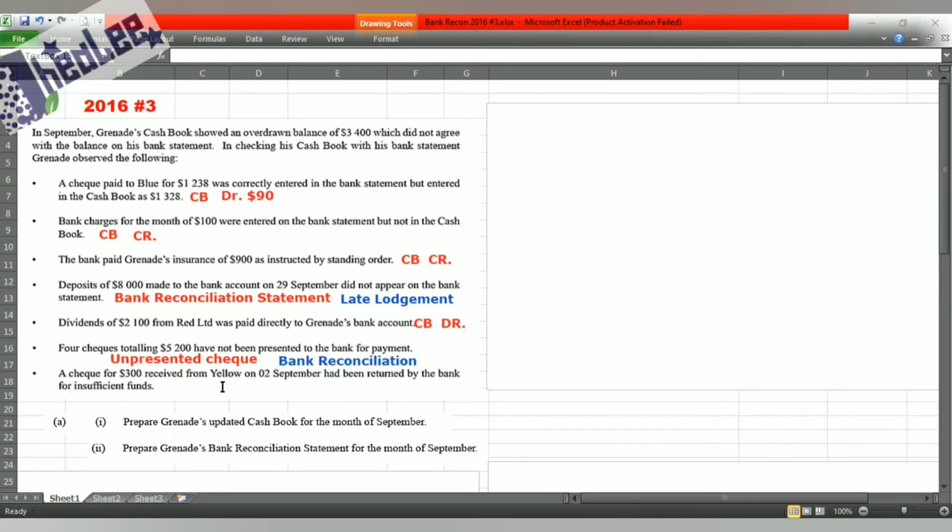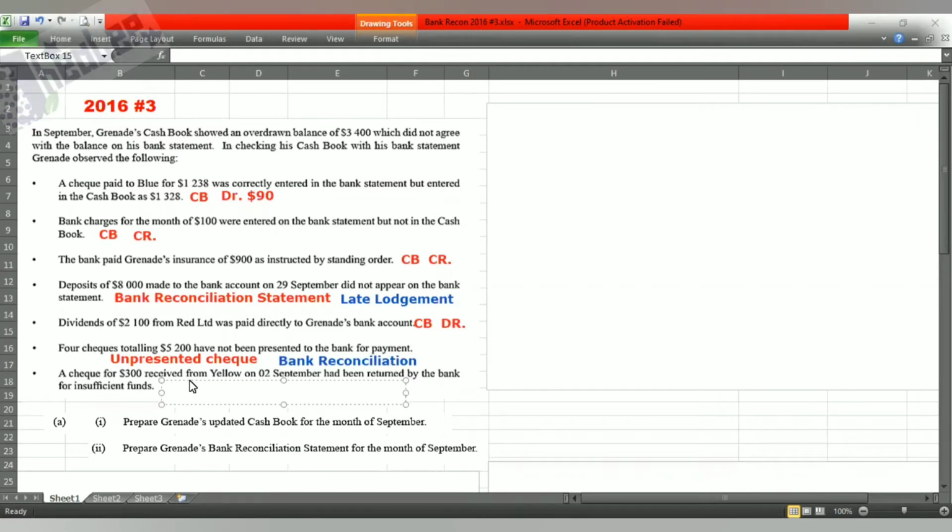All right, and now we're on to the very last note. A check of 300 received from Yellow on September 2nd had been returned by the bank for insufficient fund. So because the check was not paid, we have to show that Yellow is still owing.